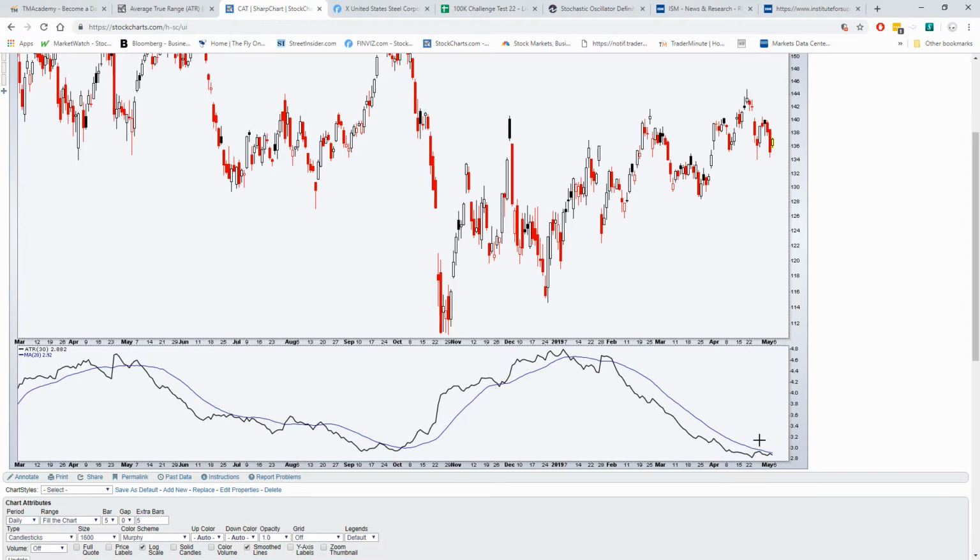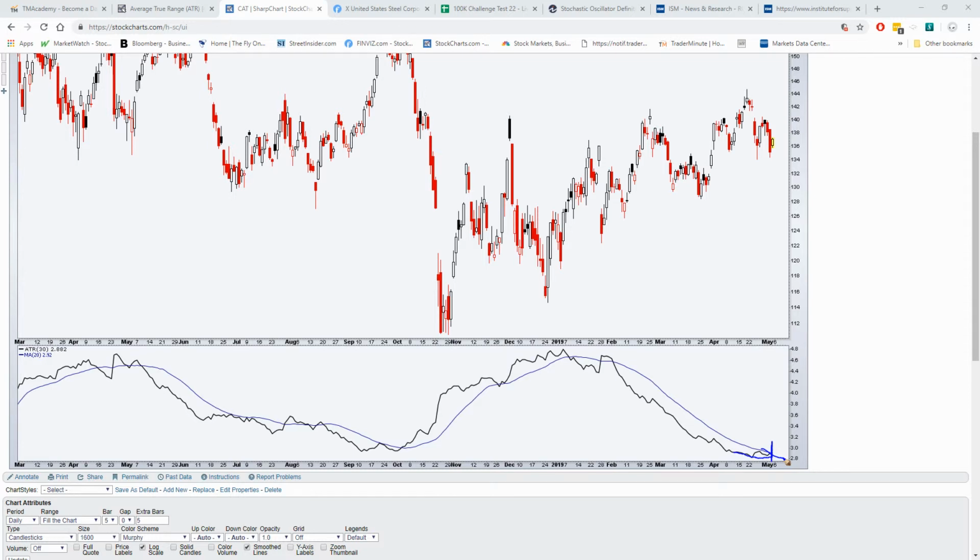I mean, you take a look at Caterpillar here, and you can see it's still below its average, and that's one way to tell that, hey, we're not talking about a significant move in the ATR, right? Yeah, the ATR might be moving up or flat, but we're not talking about a significant move in it yet. If it starts to move above the 20-day moving average of the ATR, maybe we are talking about something a little more significant, as you can read a little bit more into it.